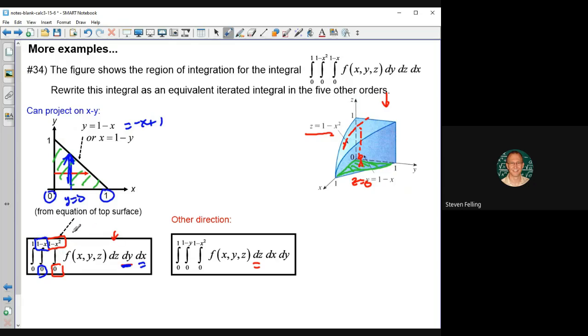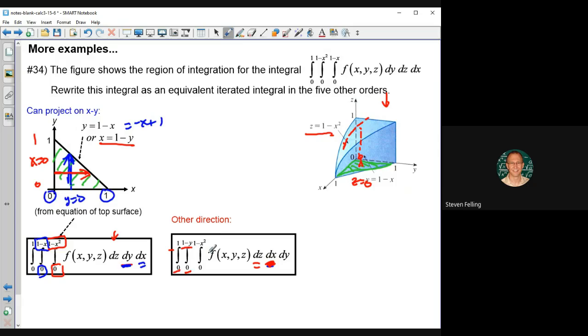The only difference if we wanted to go z as the inner integral, but start with x instead. So if we wanted to start with x first, then let me switch to red as the color. If we start with x, we would be going in this direction first. So starting at x equals 0 and ending at this same line but solved for x. So from 0 to 1 minus y, covering in the other direction from 0 to 1.